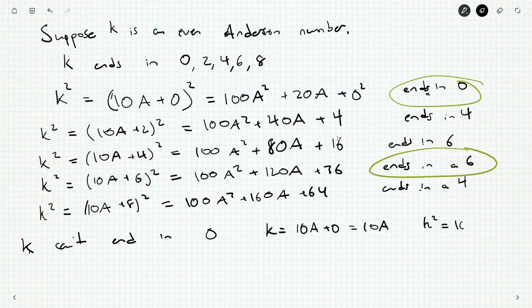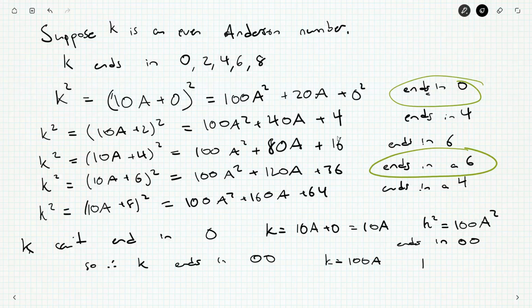k squared would be 100a squared, which ends in 0, 0. So therefore, k is not going to be a single digit, because k has to be positive. So therefore, k ends in 0, 0. But then k is going to look like 100a, and then k squared is going to be 10,000a squared, which ends in 0, 0, 0, 0.